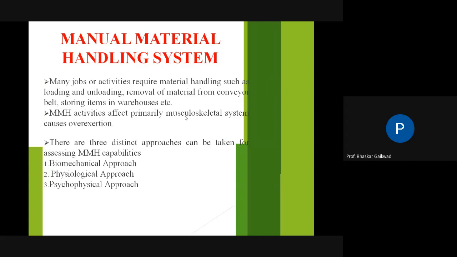So here we need to justify the capability and accordingly we can make use of the material handling system. But from the existing point of view or industrial environmental point of view, you have to avoid material handling systems by manual means. But if you use this manual system, then these 3 points, biomechanical, physiological, psychophysical, need to be remembered while handling the material.